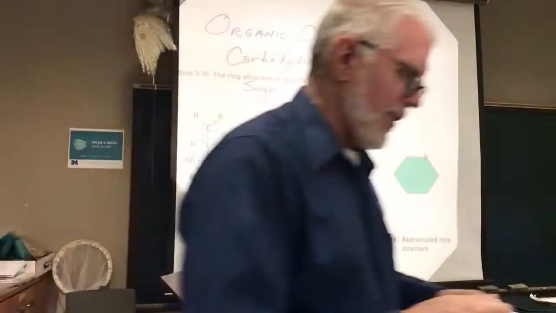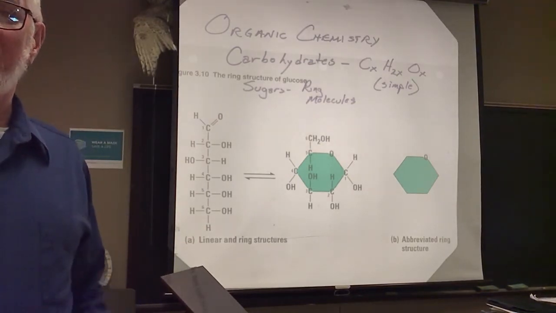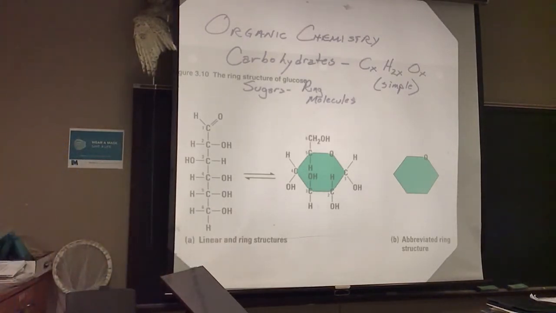I need my little pointer. There's the ring, carbon on each corner, except right there, there's a bridge for oxygen. Remember, oxygen in column 6 only has spots for 2 bonds, and so they tend to form bridges. Now, that ring can undo at the oxygen.